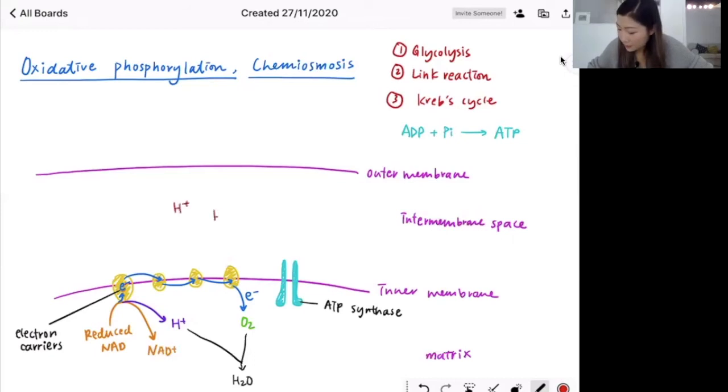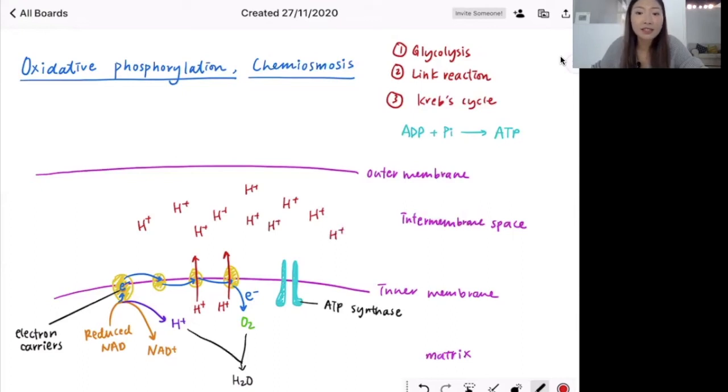We use the energy loss in the electron transport chain to pump hydrogen ion from a low concentration to a high concentration, from the matrix to the intermembrane space, building up a very high hydrogen ion concentration in the intermembrane space. Hence, the pH in the intermembrane space is going to be slightly acidic.